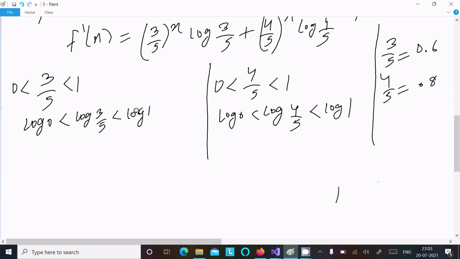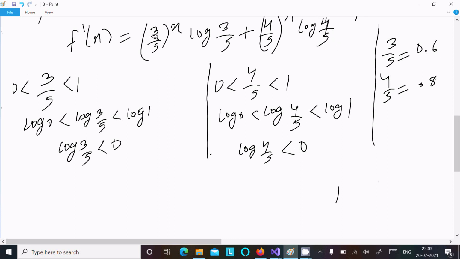So log 0 is undefined, and log 1 value is 0. Log 0 undefined, here writing log 4 by 5 and log 1 is 0. So log 4 by 5 comes less than 0.